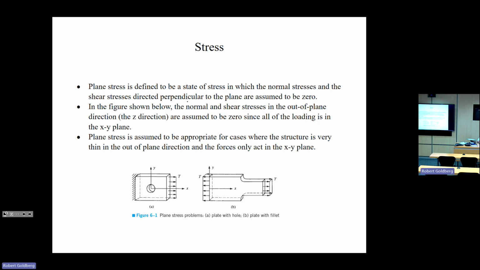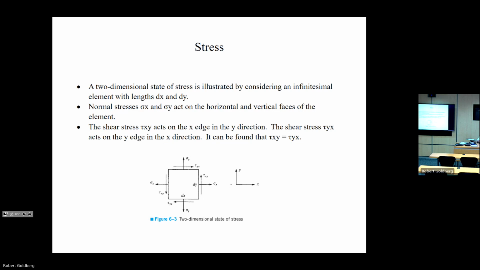The loads have to be all applied in plane, and the through thickness direction has to be much smaller than the in plane directions. As I was saying, the normal and shear stresses in the out of plane direction, the z direction, are assumed to be zero because all the loading is in the xy plane and the dimension is assumed to be very small.